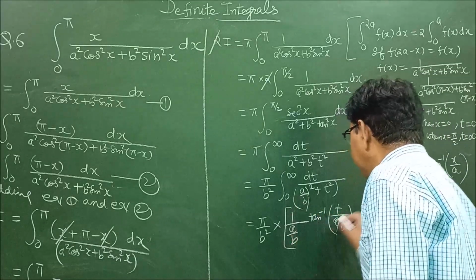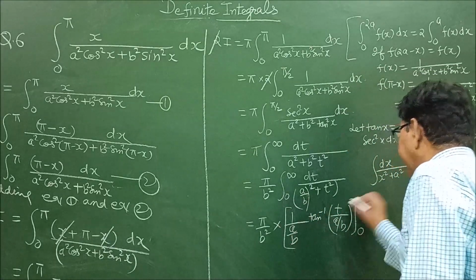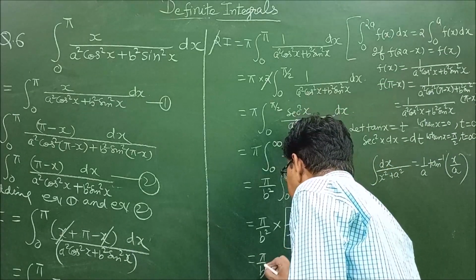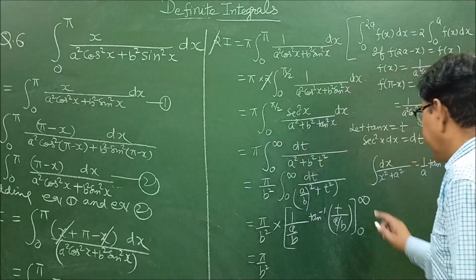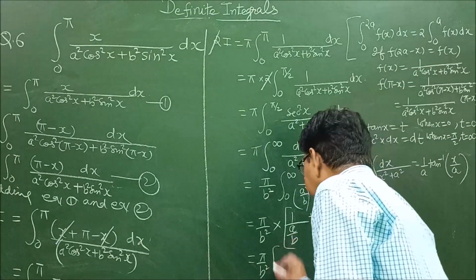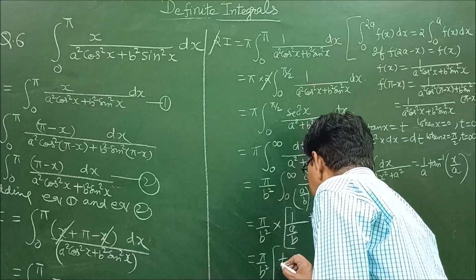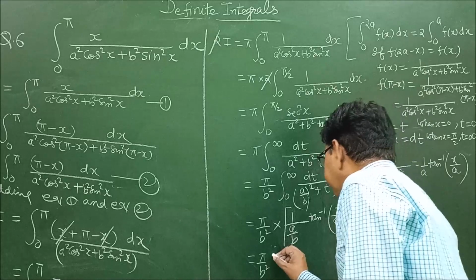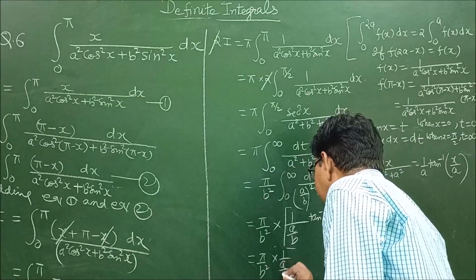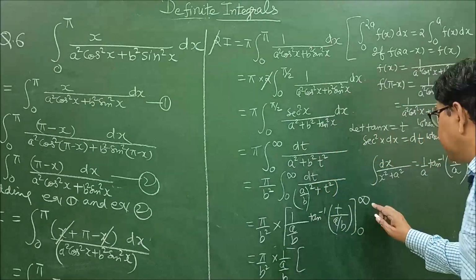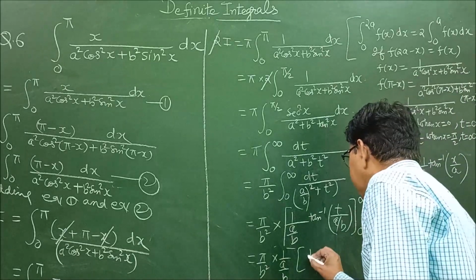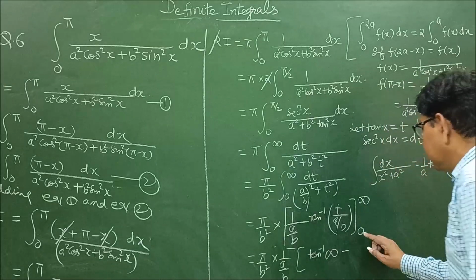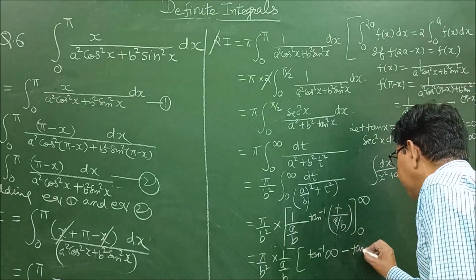Now this is equal to pi upon b square, and 1 upon a upon b can be taken out as a constant. Here if we apply the limits t is equal to infinity, then tan inverse infinity minus t is equal to 0, which means tan inverse 0.